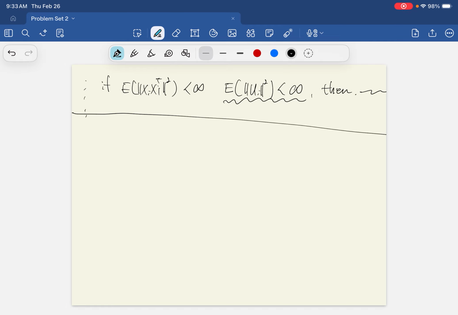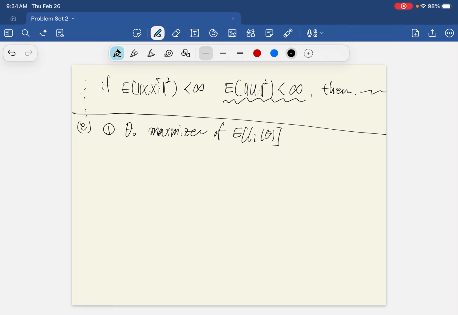Now let's see the asymptotic normal distribution, part E, the question E. To prove the asymptotic normal distribution, we have done a lot of things. First, we have to check whether theta 0 is the unique maximizer of the expectation of Li. This is Fisher's proof.